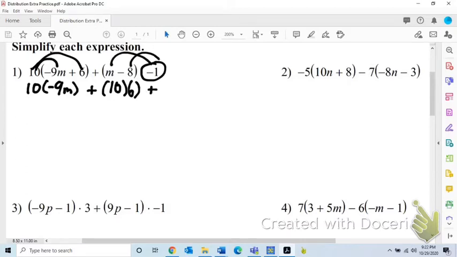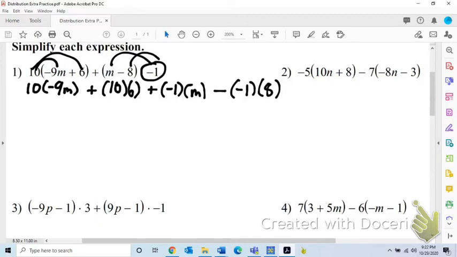So we bring that plus down, and then we go negative 1 times m, and then minus, and where that minus comes from is right there in between the m and the 8, minus negative 1 times 8.